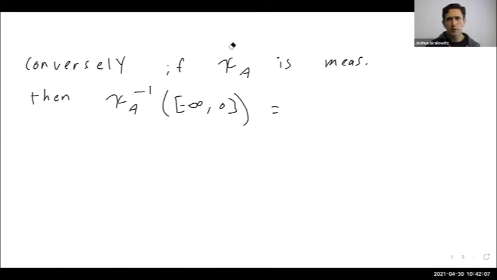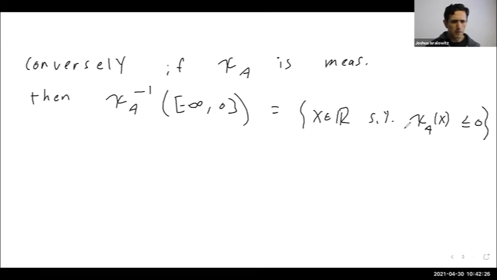Sorry, just having a little trouble with my pen here. Set all X in R where the characteristic function of X is less than or equal to 0. Well, that's going to be a complement.